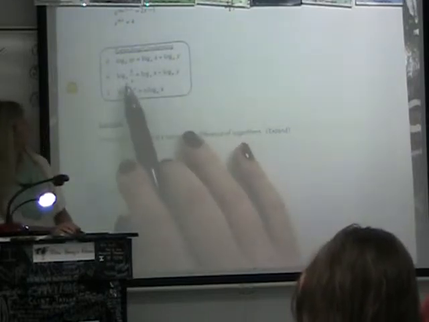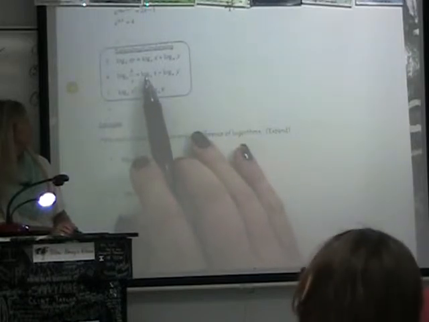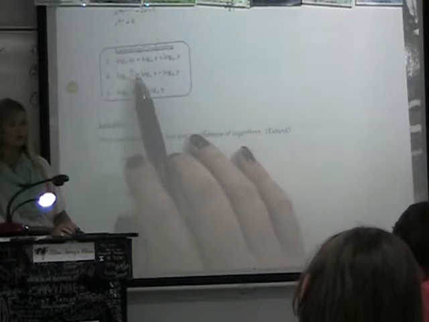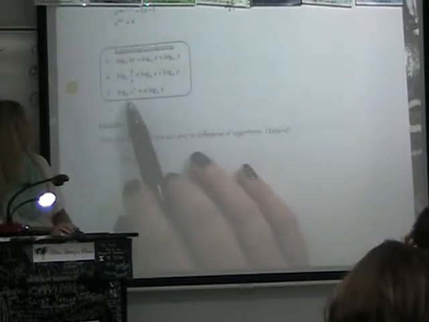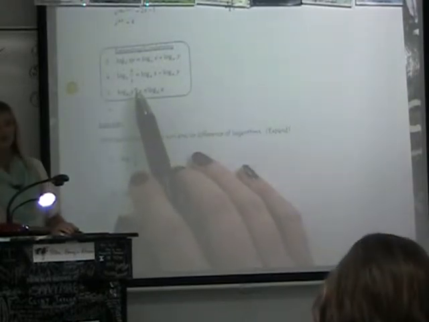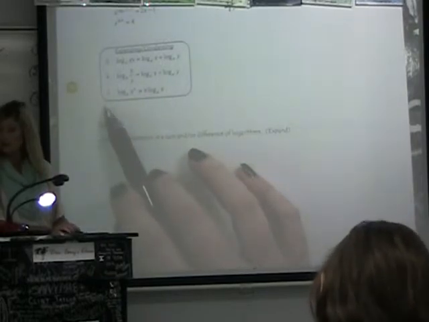If you have log base A of a quotient, you can expand that to be a subtraction problem. You just take log base A of the numerator minus log base A of the denominator. And then finally, if you are taking the logarithm of a power, property number 5 says you can bring that power out to the front and multiply it.